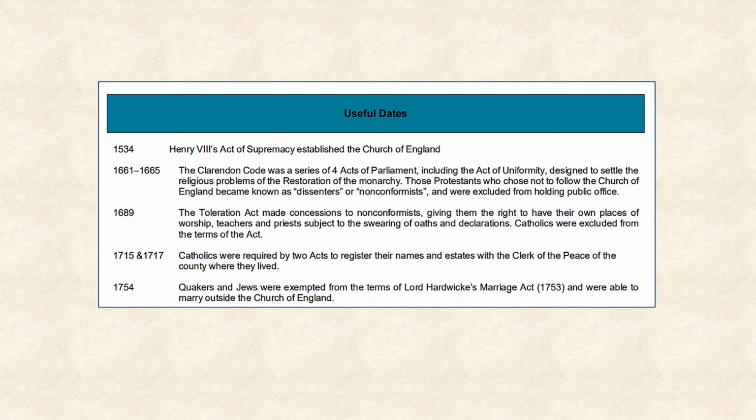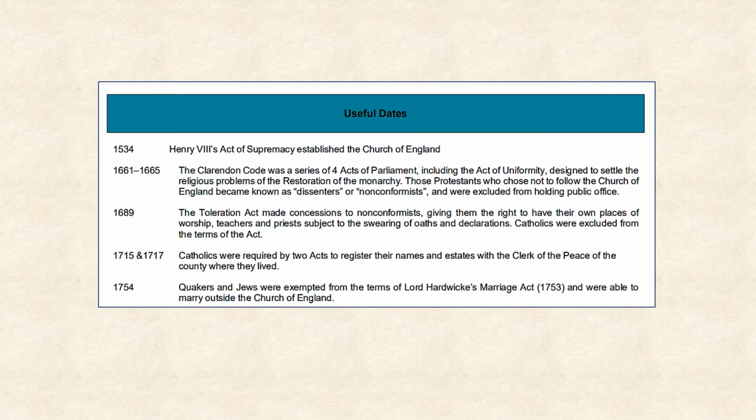And so by 1689 we've got the Toleration Act, which is beginning to open up opportunities, and people can be a little more open in their different worship. We've got Catholics who are registering themselves, and of course they may lose land in due course and their estates.